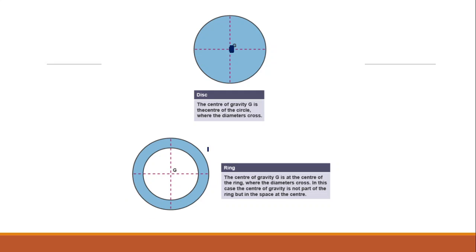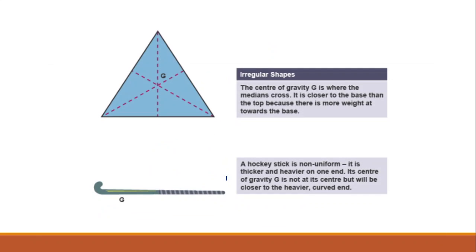So this is another example, but again, because it was a symmetrical regular shape, it was easier to find out its center of gravity, which is the intersection of these two diagonals, or these two diameters. Okay, now we are going to talk about irregular shapes.